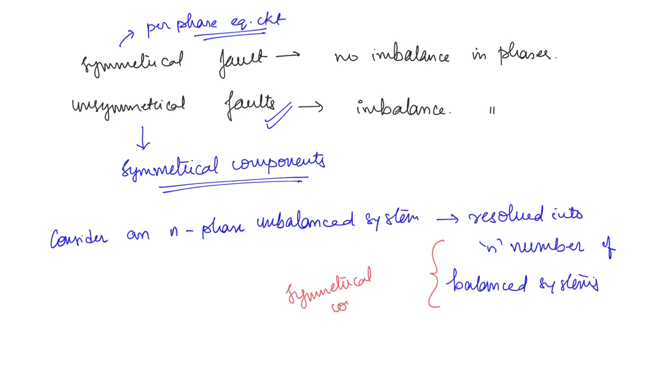Since we are interested in three-phase systems, here n will be equal to 3. So a three-phase unbalanced system can be resolved into 3 balanced systems. Now we will see what the symmetrical components are for this unbalanced three-phase system.